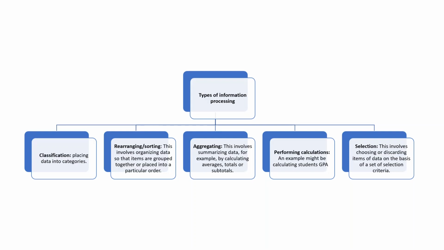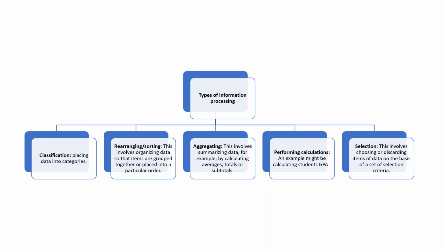So when you're creating, as a system designer, you're trying to understand the processing that needs to be done on the data for an organization. Aggregating is where you are summarizing data, for example, calculating average totals or subtotals or the kind of information that is required.